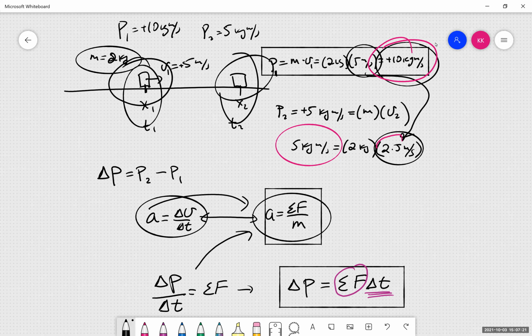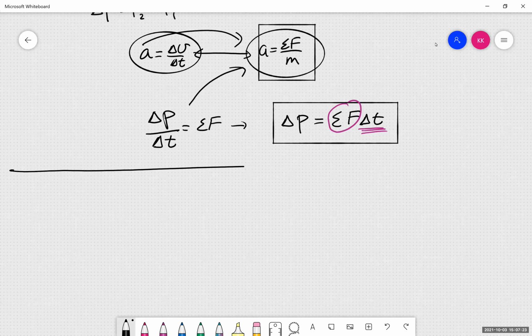Now, this is also sort of the beginning of what we're going to use as conservation of momentum.